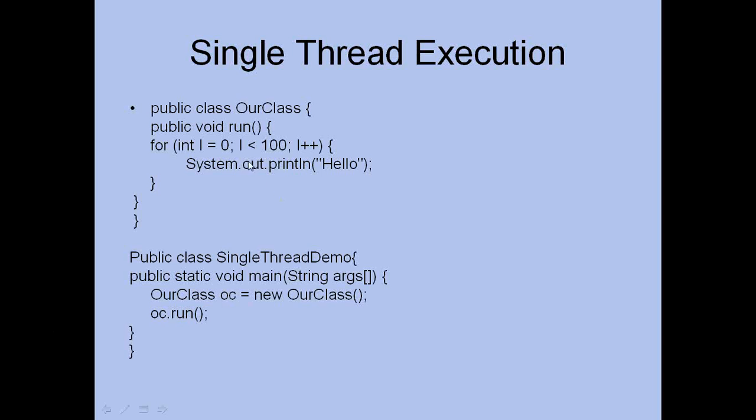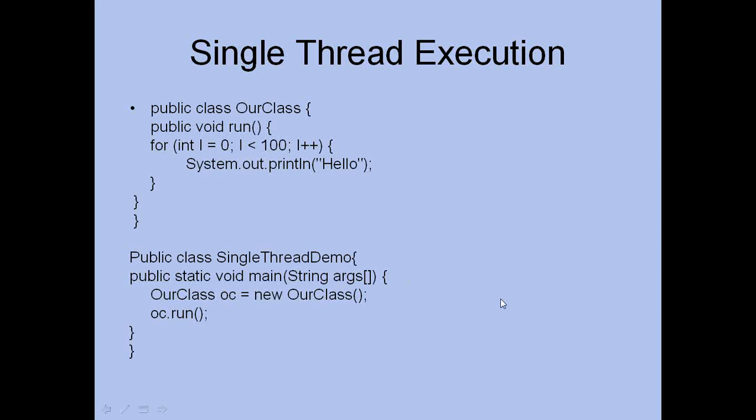Let's suppose we have a class called our class, and I have a method, and the method name is run, public void run, which simply prints message hello 100 times. And now I have another class, single thread demo, which has a main method that simply instantiates our class and calls the run method.